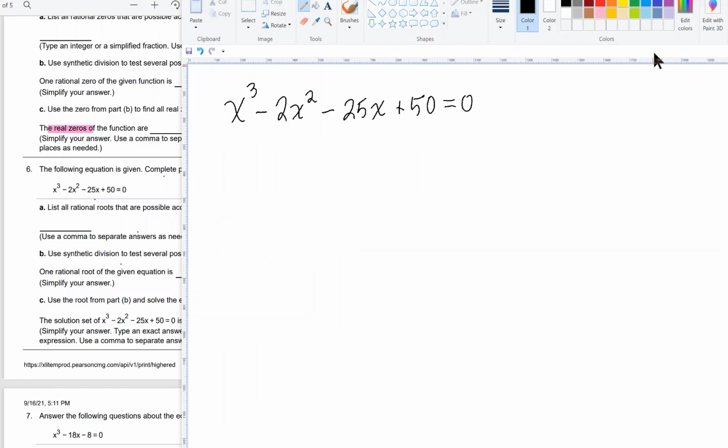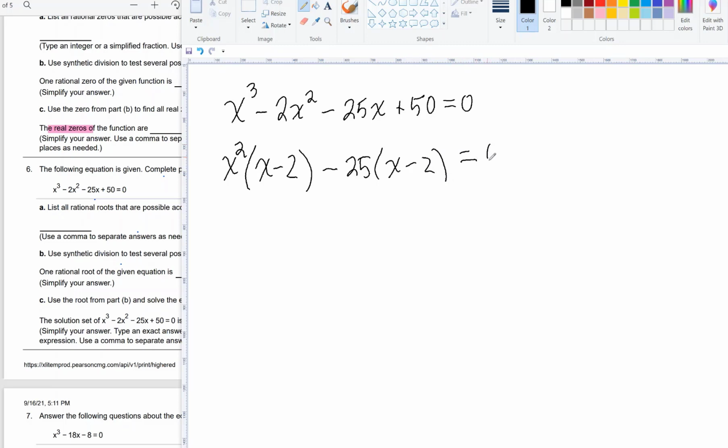Now this is one I might attempt to factor just because I'm seeing a common factor in here and a common factor in here. So I'm going to try x squared times x minus 2 and then minus 25 and x minus 2.